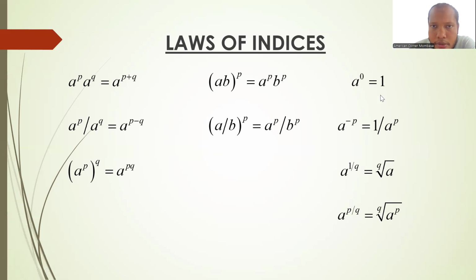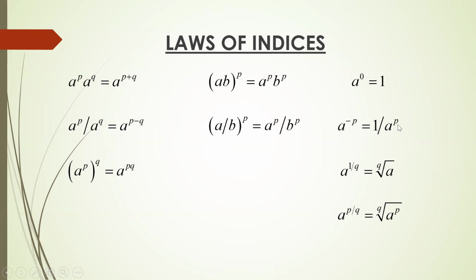So a power 0 is always equal to 1. Always remember that, because anything power 0, be it 10 power 0 or 20 power 0, will always have an answer equivalent to 1. A power negative b is equal to the reciprocal of a, which is 1 over a, but the power becomes positive.